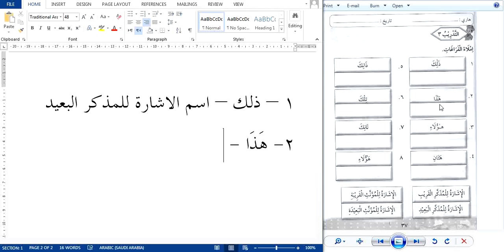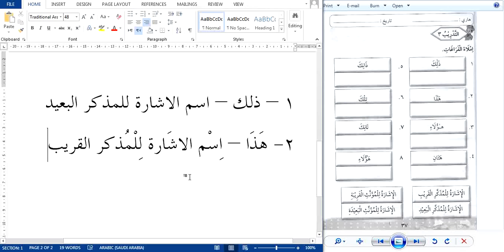What is the type of هذا? هذا يعتبر من اسم الإشارة للمذكر القريب. So هذا is اسم الإشارة للمذكر القريب, for the boy, for near.